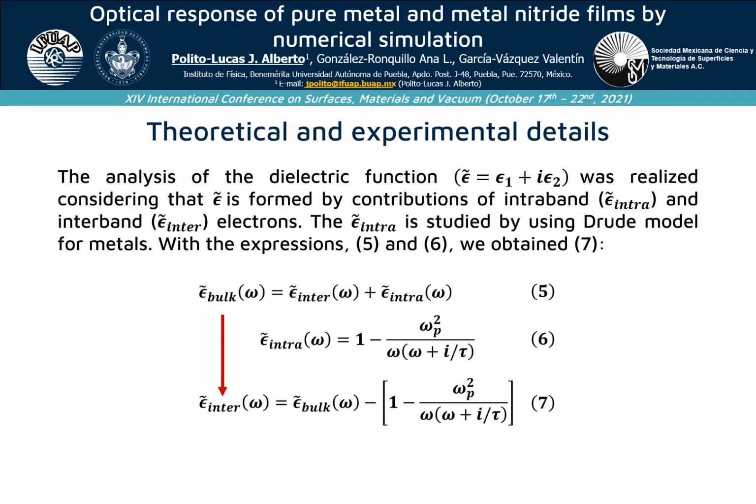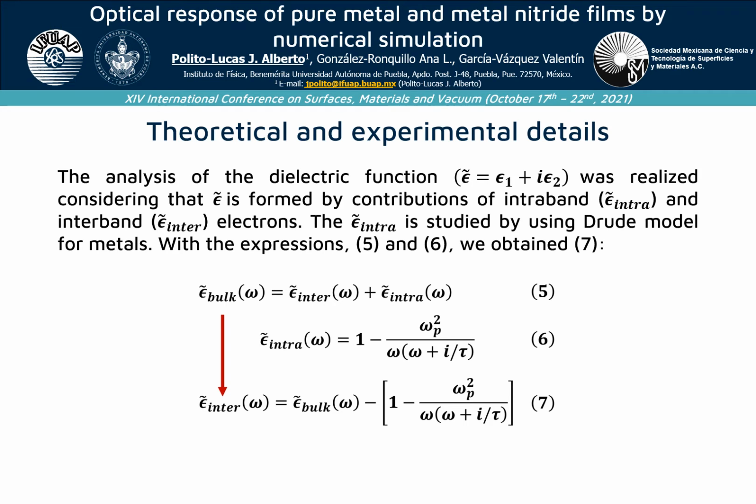For a better study of the reflection and transmission spectra, it is necessary to introduce the dielectric function. It must be considered that the dielectric function of a bulk material is composed of the contribution of intraband electrons, those that are free electrons or in the valence shell of the atoms, and interband electrons, those electrons in deep shells and that are bound to the nucleus of the atom.